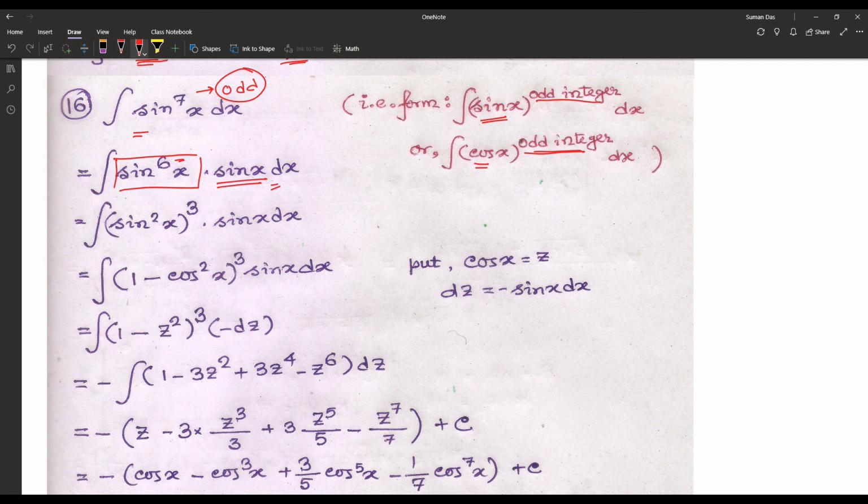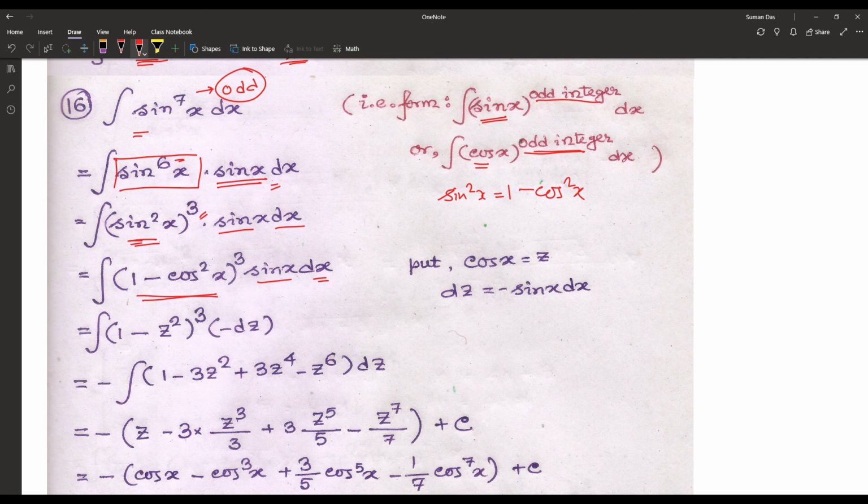So sin to the power 6x can be written in the form sin square x whole to the power 3 into sin x dx. Now sin square x we can write as 1 minus cos square x. So we write (1 minus cos square x) whole to the power 3 into sin x dx.